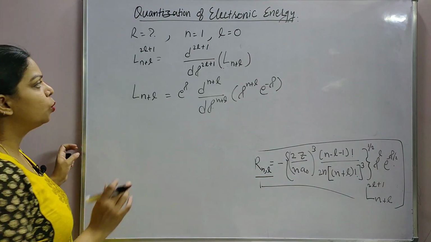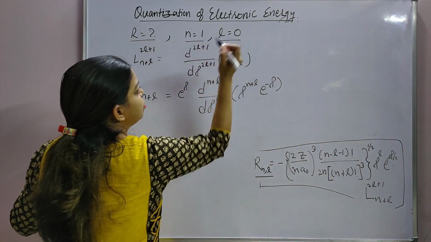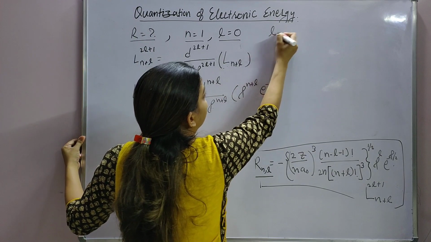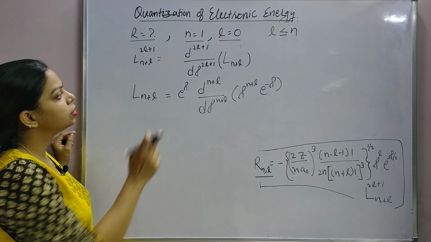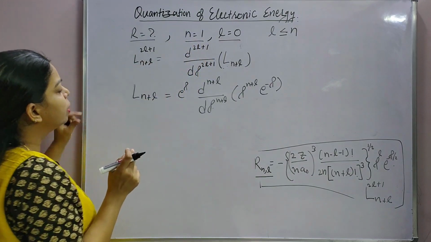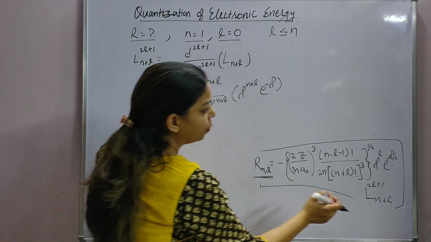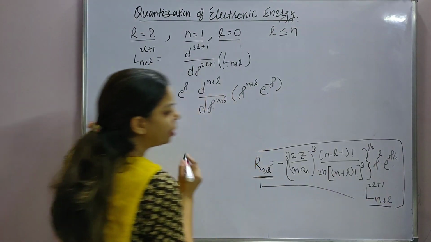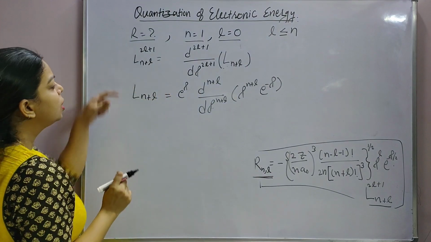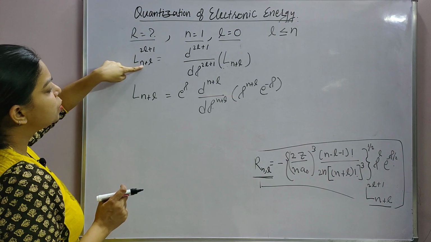Okay, so let's find the value of R when n is 1 and l is equal to 0. We said l has to be less than n, which is true here: l is 0, n is 1. To find the complete value of R, we must know the value of this polynomial. I have already written the expression over here. I will simply put l equal to 0 and n equal to 1.